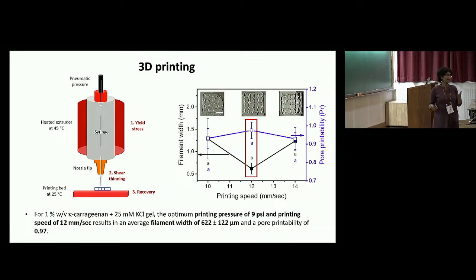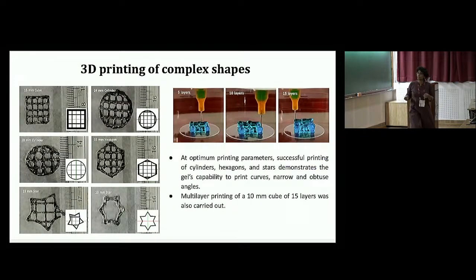These are important parameters because now, with the speed, you can calculate how much is the shear rate in your extruder, and from the pressure, you can calculate how much is the wall shear stress, and with the flow rate and all of that. So with these conditions, we could print more diverse shapes, and of course multi-layer structures. In this case, like a 10 millimeter cube of 15 layers, we were able to print.